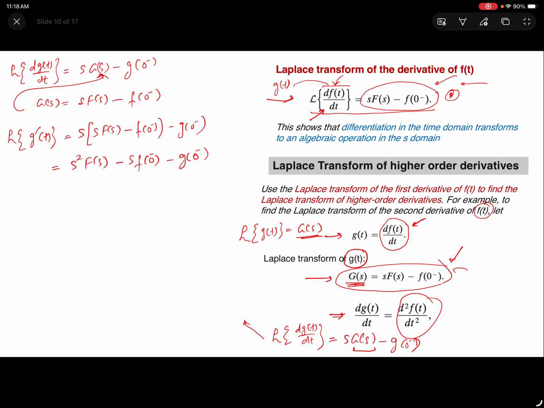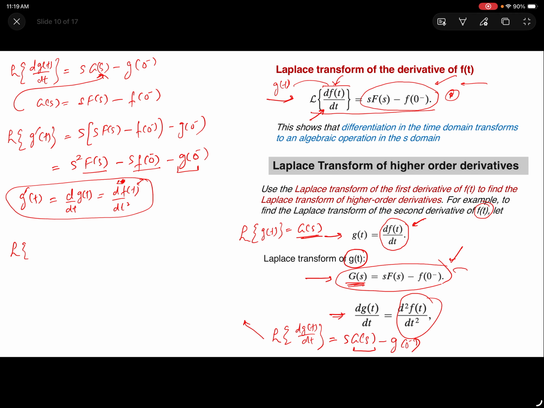Now, since g dash of t is the derivative of g of t, and g of t was a derivative of f of t, it is going to become d squared by dt squared of f of t. Practically, I want to define everything in terms of f of t. So I already have f of s here and f of 0 negative here. I'm going to replace this g of 0 negative term.